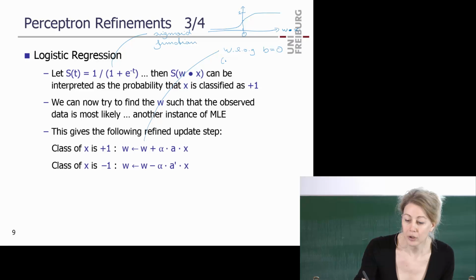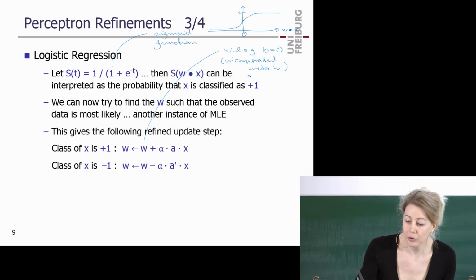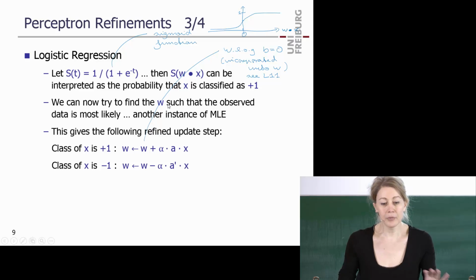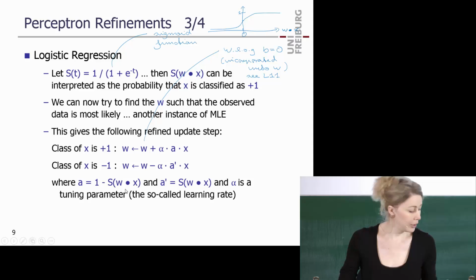This was the trick where you can incorporate the B into W. See lecture 12, see lecture 11. I don't have the slide now, but you will find it. If you just do the math, you arrive at these steps.